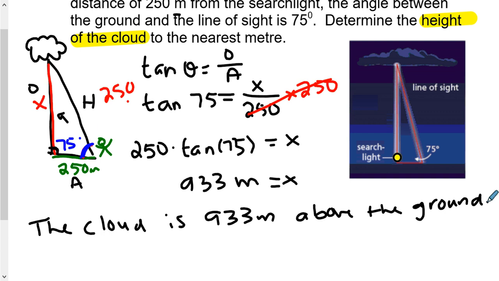So that's where we're going to leave it with tangent. When we come back in our next lesson, we're going to look at sine and cosine, right? Our other two trigonometric ratios, we introduced them at the start. We're going to see what two sides they might be comparing and how we can use these exact same ideas to solve some problems when we might not have the opposite or the adjacent or both.